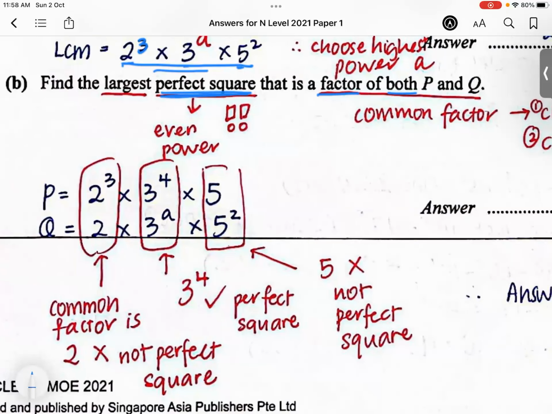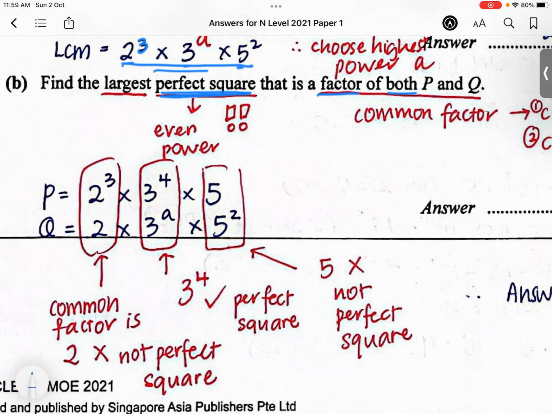Perfect square means that the power must be an even power, a multiple of 2. Don't think that perfect cube will be odd power. No, not true. Perfect cube is a multiple of power, a multiple of 3. But perfect square power is a multiple of 2.